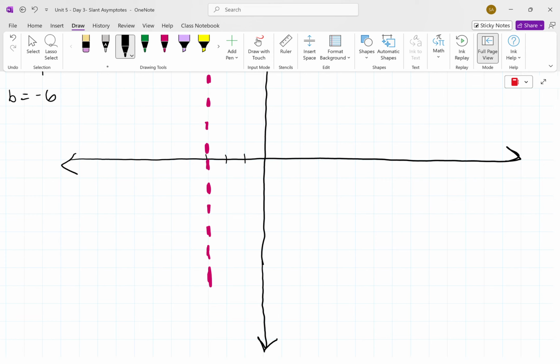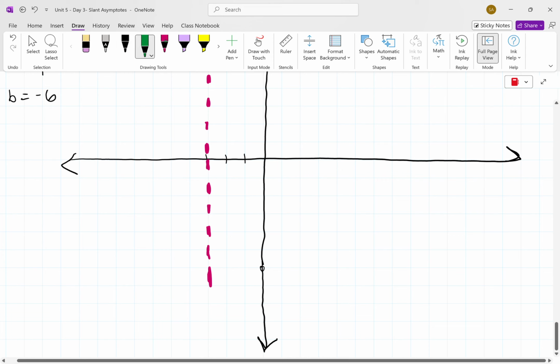So now when it comes to graphing this, we're going to go down the y-intercept to negative 6. 1, 2, 3, 4, 5, 6. This is my starting point. And then we're going to create the rest of the line using the slope.